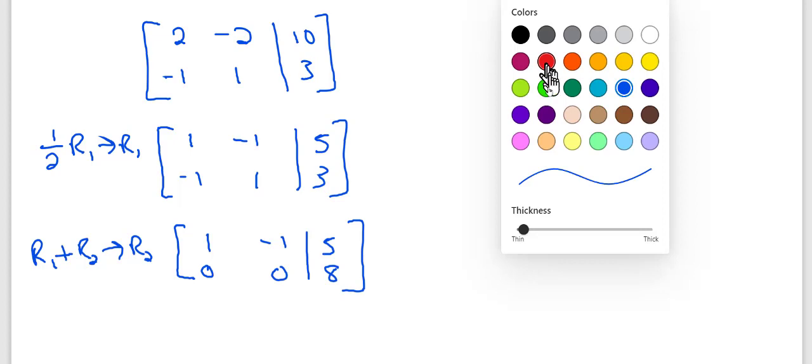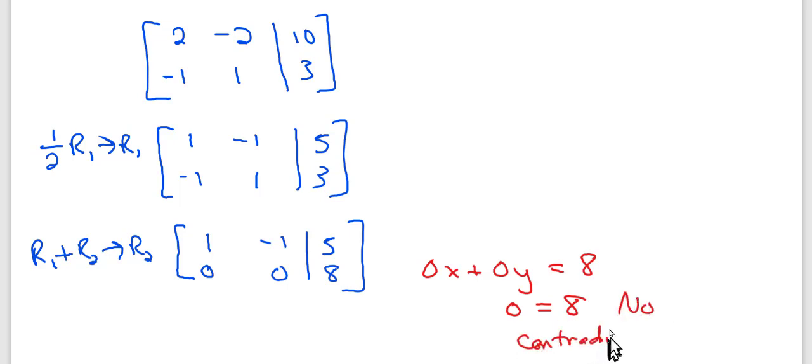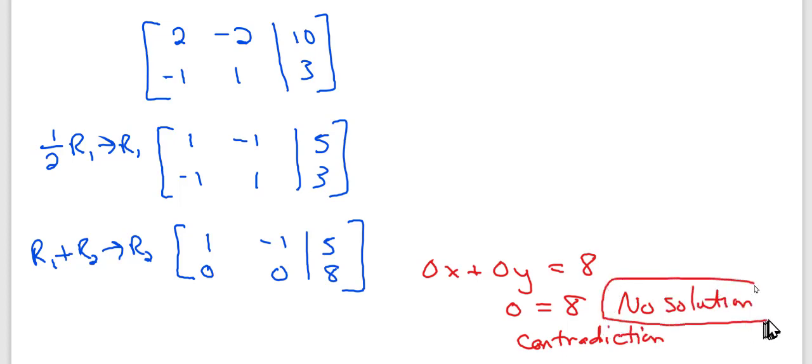Well, let's think about what this means. 0x plus 0y equals 8. 0 equals 8. No, it doesn't. This is a contradiction. So we get no solution or an inconsistent system.